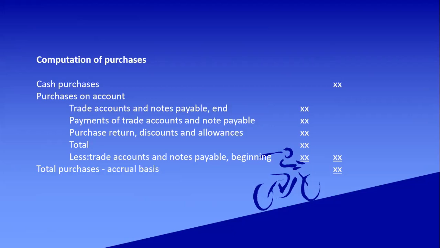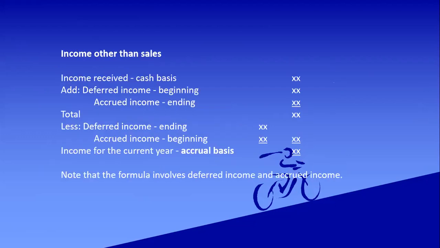The difference is your purchases on account that we add to cash purchases. So the total will be your total purchases on accrual basis. Now, income other than sales, income received on cash basis, then we add deferred income beginning, accrued income ending.